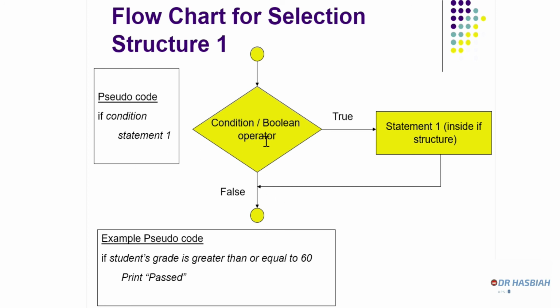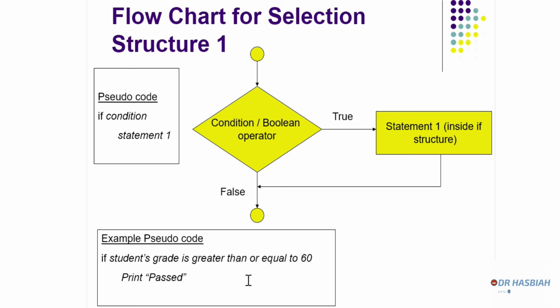If you use the pseudocode, if condition, is it true? If the condition is true, yes, we perform the first statement here. If the condition is not true, we exit from this control structure. For example, if student grade is greater than or equal to 60, print pass. Meaning we want to check, is it true the student grade is greater than or equal to 60?